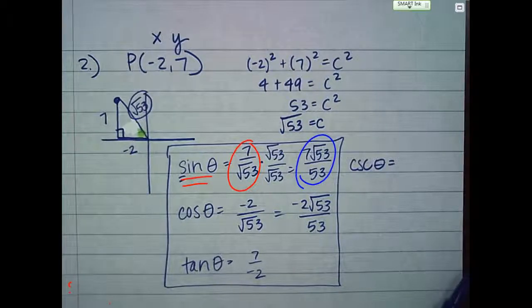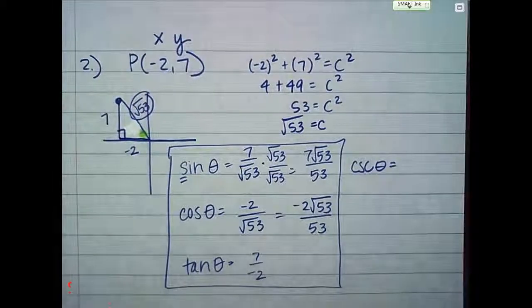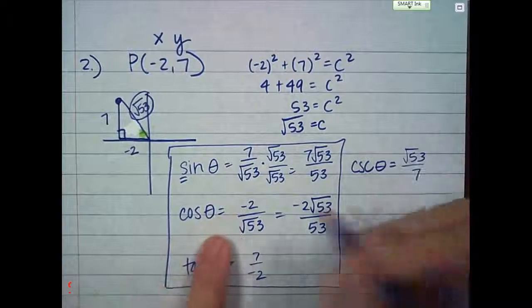You don't have to do any more work. So flip the one that's the easiest. It doesn't matter, they're the same thing. So flip all 3, which on this part you're going to get root 53 over 7.